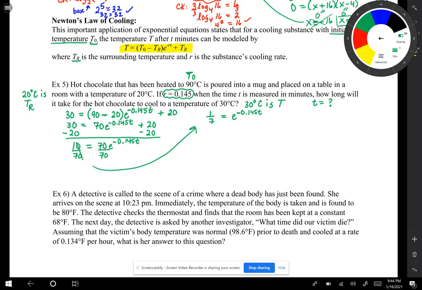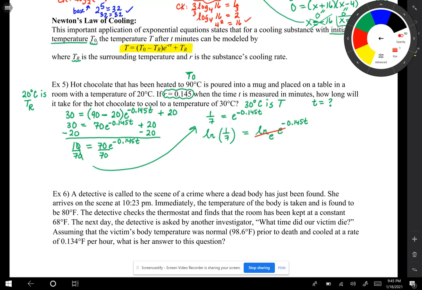Now, since you're dealing with base e, you want to take the natural log of both sides. So the natural log of 1/7 equals the natural log of e to the negative 0.145 t. On the left side, you just have ln of 1/7. The natural log and e cancel on the right side, and you're left with just negative 0.145 t.